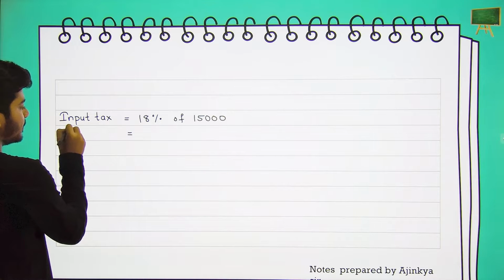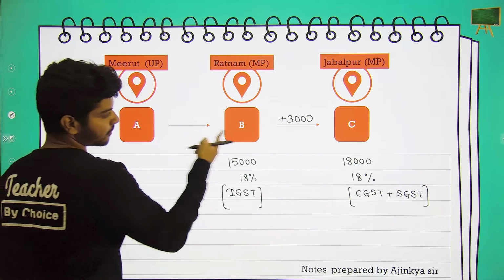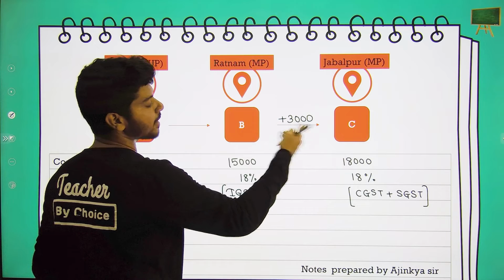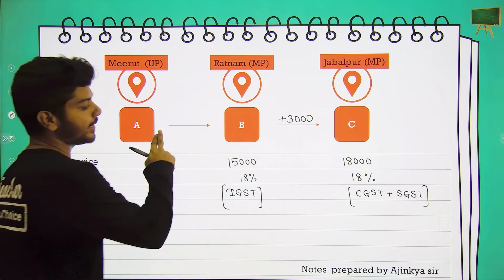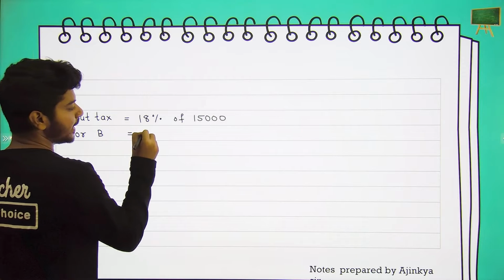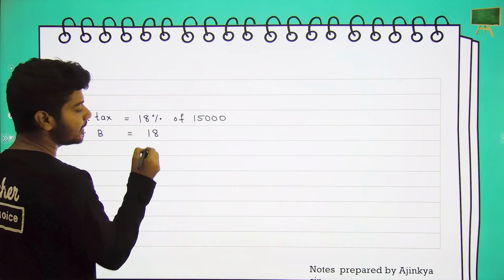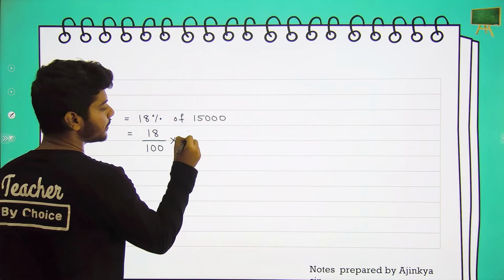Input tax for B. See, this is input and this is output. So first we will calculate input tax. So 18% of 15,000 will give me the input tax. 18% is nothing but 18 divided by 100 into 15,000.